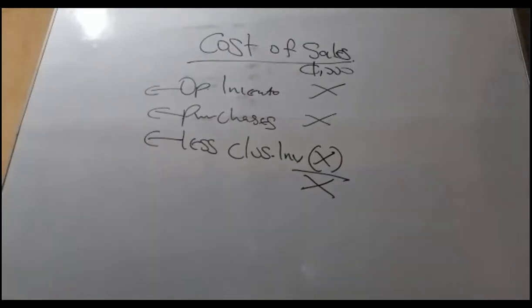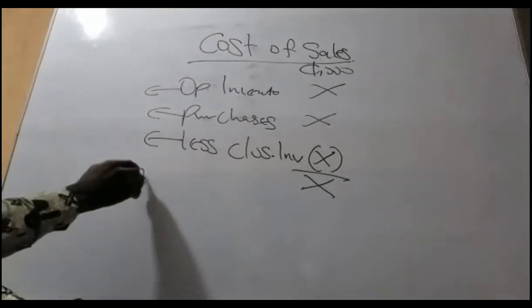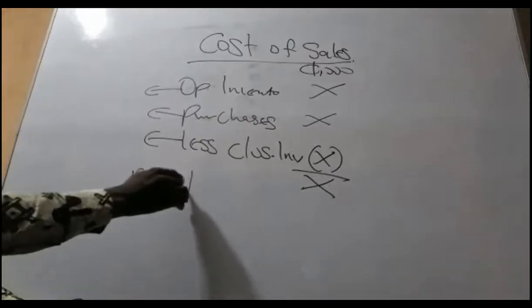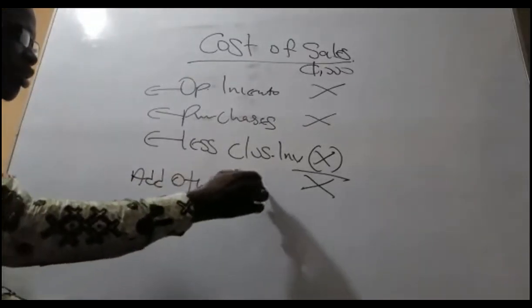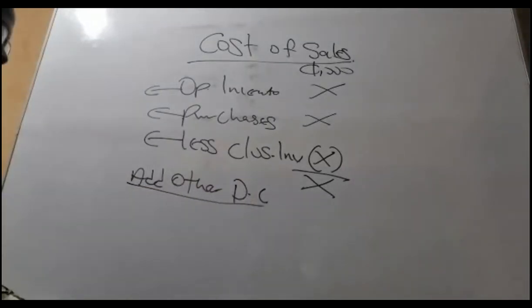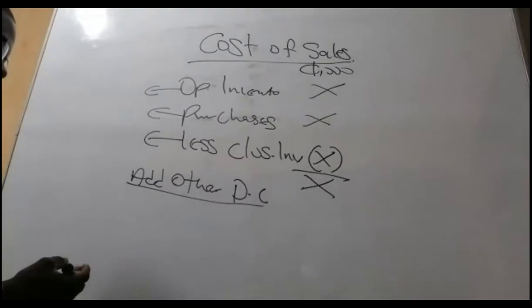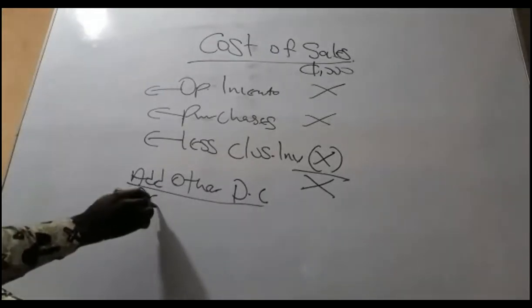Then you add other direct costs to it, and any adjustments. They include depreciation.